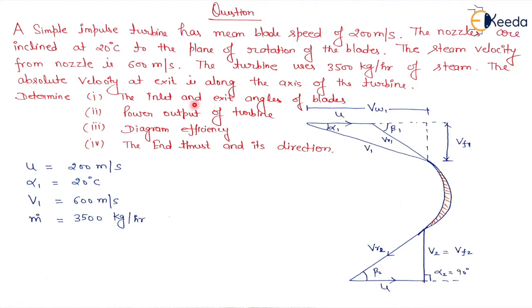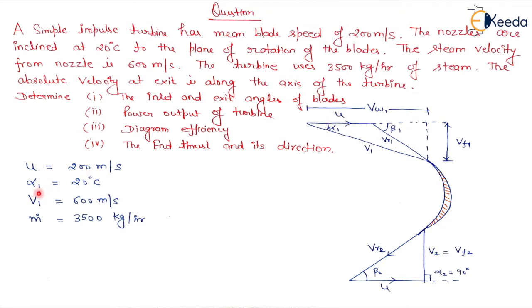The absolute velocity at the exit is along the axis of the turbine. Now determine the inlet and exit angle of blade, power output of turbine, diagram efficiency, then the end thrust and its direction.